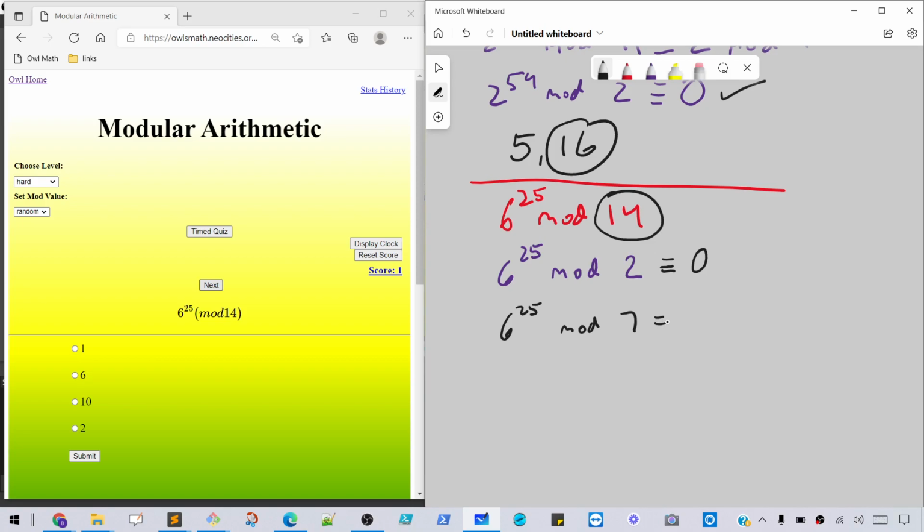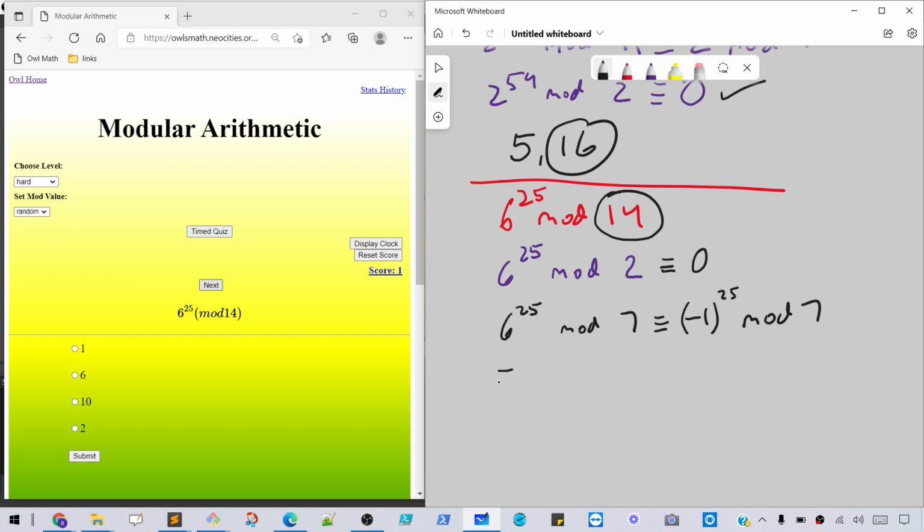This one's kind of interesting. If we look at 6 mod 7, 6 mod 7 is -1. A really good simplification technique is using -1, because it's so easy to calculate. We know -1 to an odd power is -1, and -1 to an even power is 1.